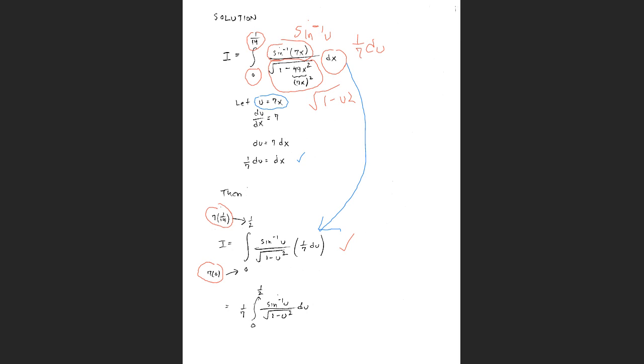So this here is our new integral. And I like that better because when I think about the arc sine, I know that the arc sine is connected to 1 over the square root of 1 minus u squared.